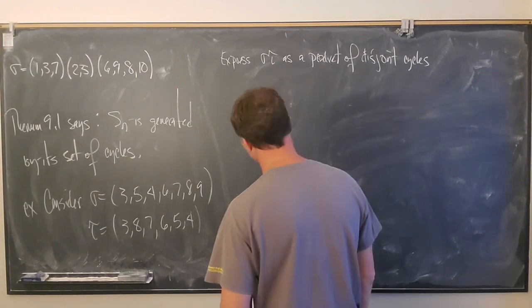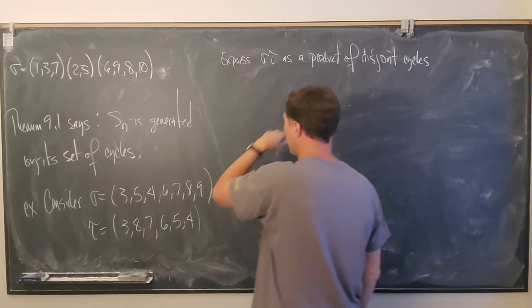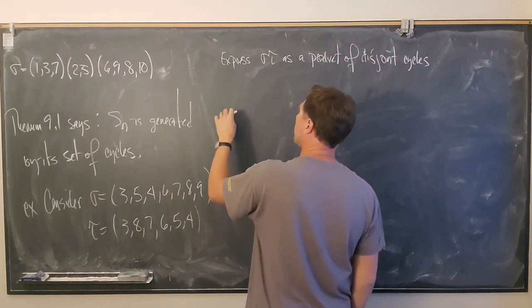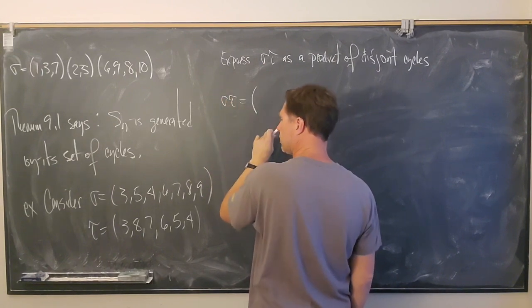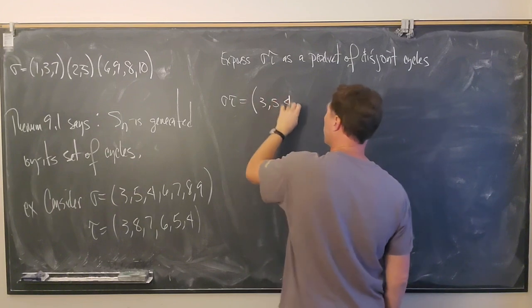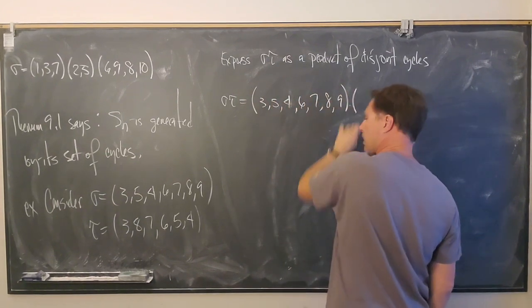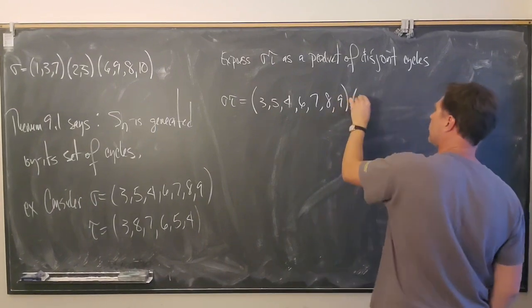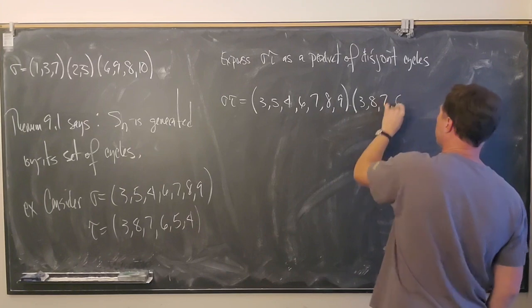So how do we do this? Well, we do exactly what we did before. We need to find the orbits. So I'm going to write this out. Sigma tau is equal to 3, 5, 4, 6, 7, 8, 9 times 3, 8, 7, 6, 5, 4.